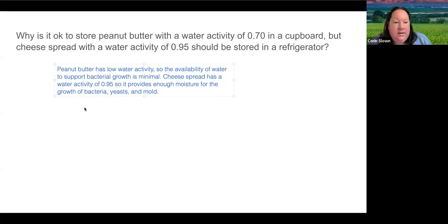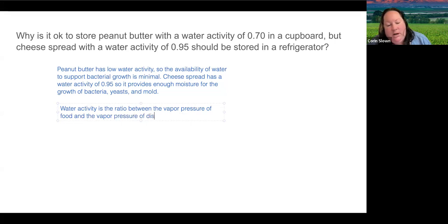So, what is water activity? Well, let's be really clear on our working definition. Water activity is the ratio between the vapor pressure of food and the vapor pressure of distilled water under identical conditions. So at the same temperature, at the same pressure.